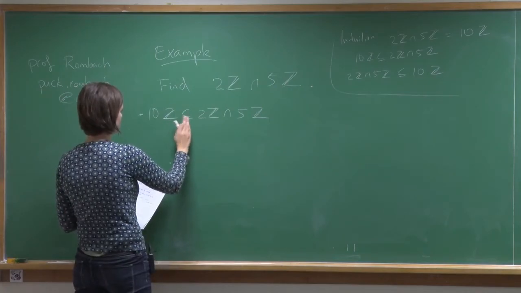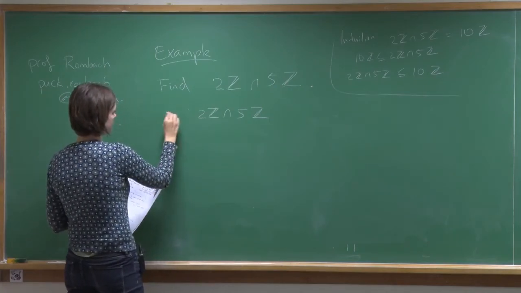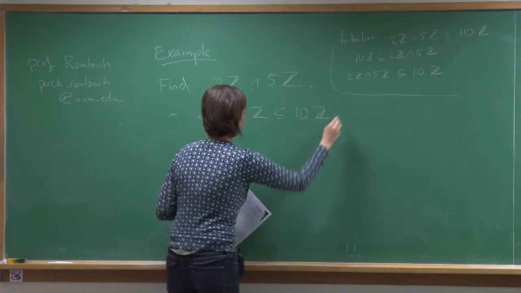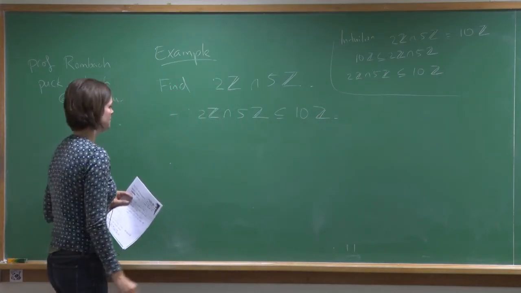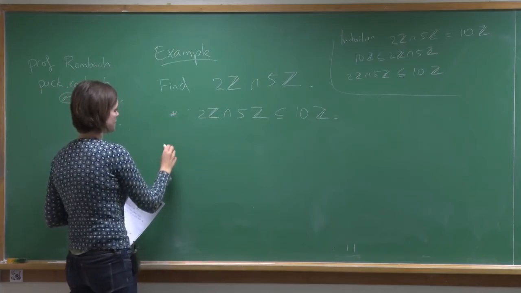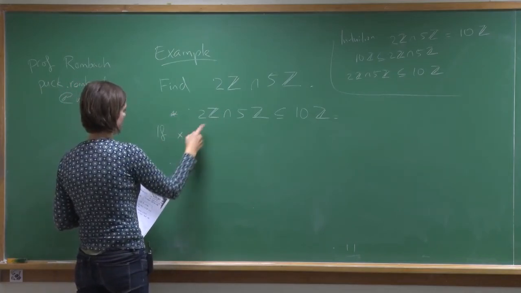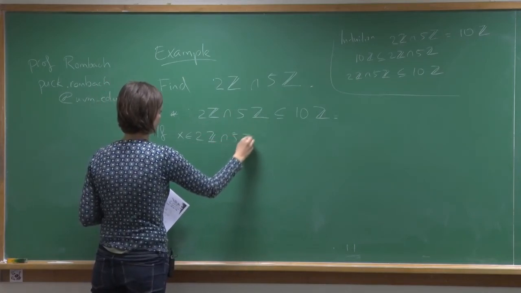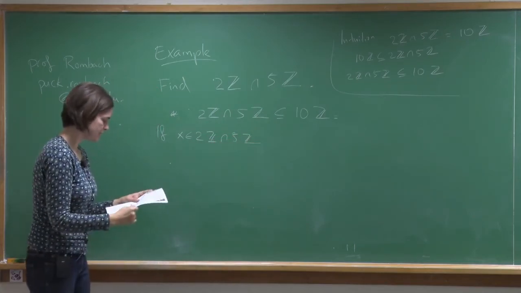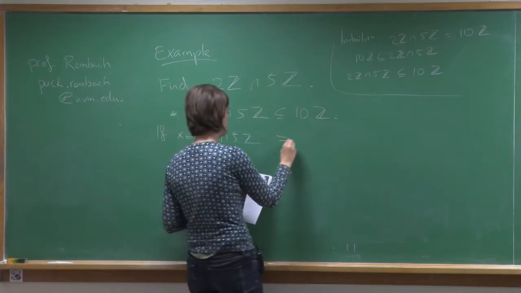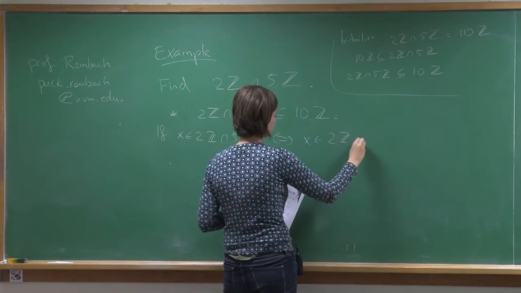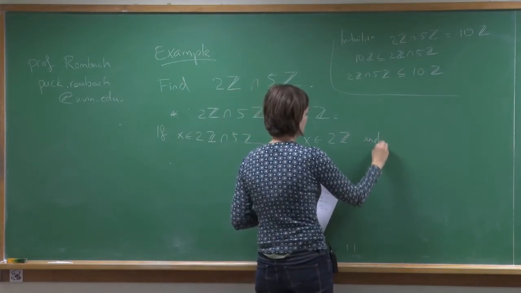I think the other way around is the slightly harder one, so we'll start this way around. Show that these are a subset of the multiples of 10. So if x is in the set, then we know that's because x is in the multiples of 2 and also x is in the multiples of 5.